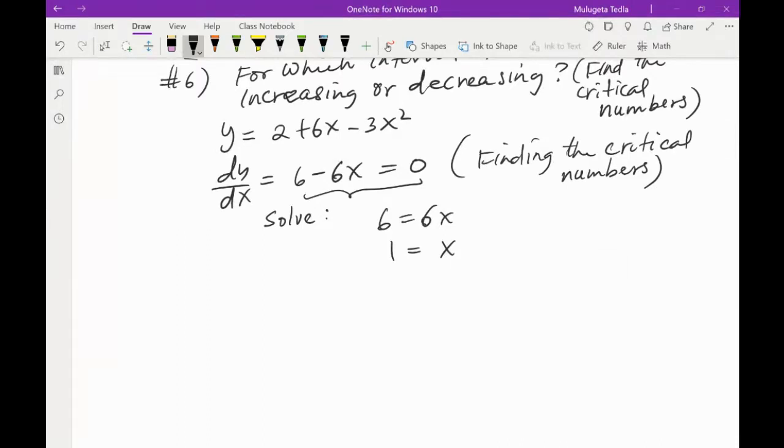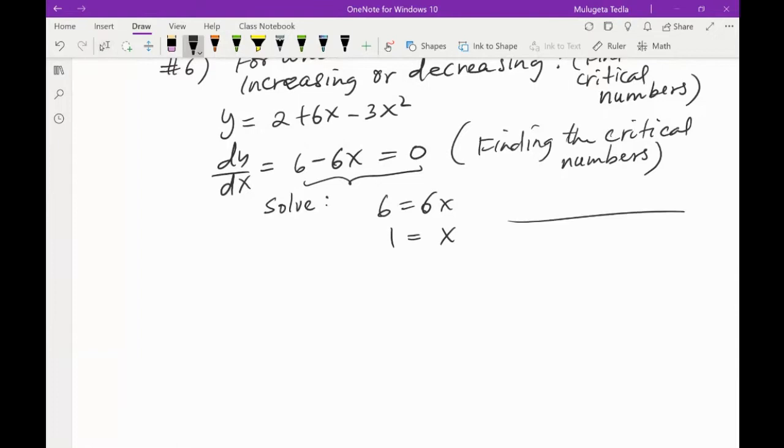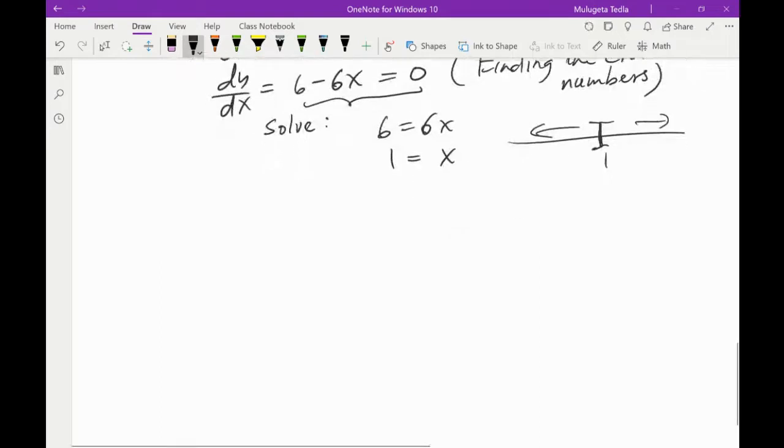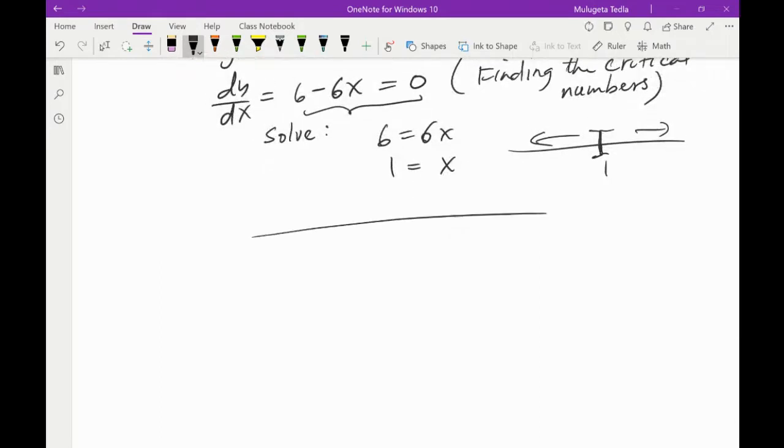Okay, so therefore the whole line is divided into 2 parts, from 1 up to infinity and from 1 down to negative infinity. That's it. So I can put it in a chart. The critical number is very important. That's where it creates the intervals.